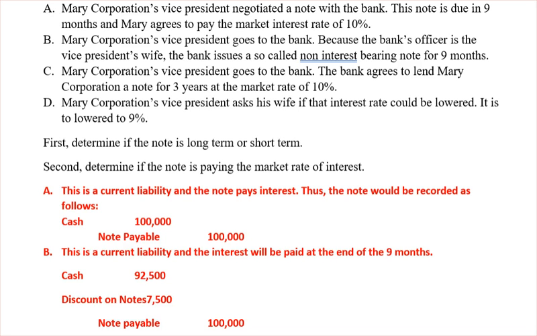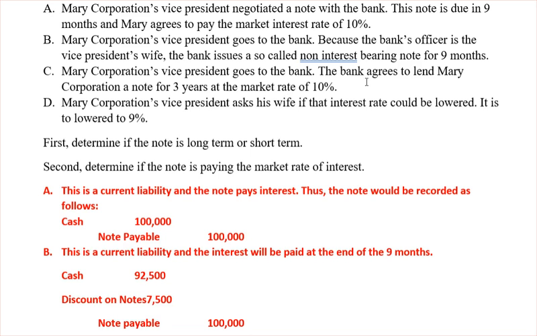So we just do a straight line removal of the 7,500. Contrast that to this chapter. In this chapter, a straight line amortization method applied to discounts or premiums is considered an exception, and you only can do that if there's not a material difference between the straight line and the effective interest method.